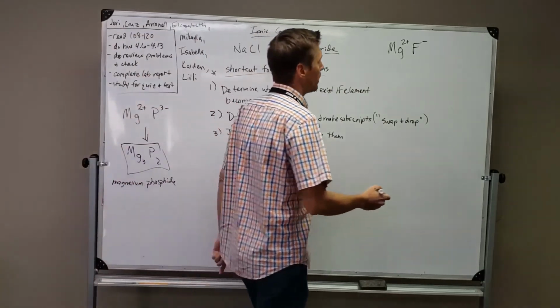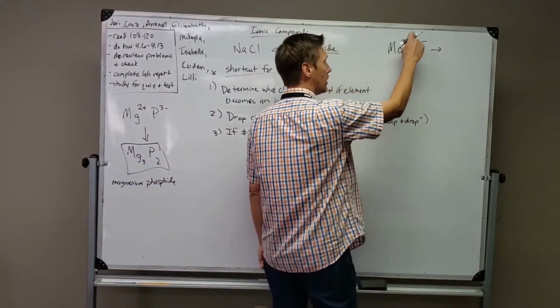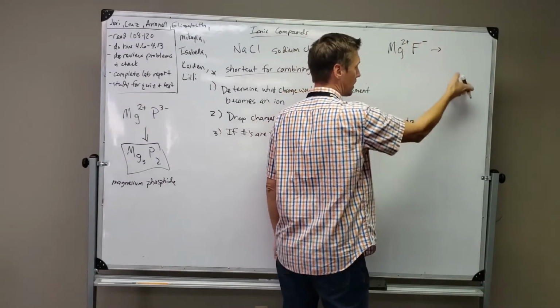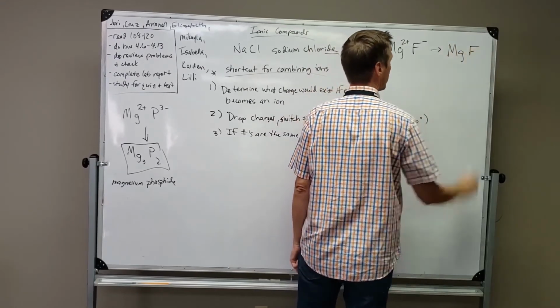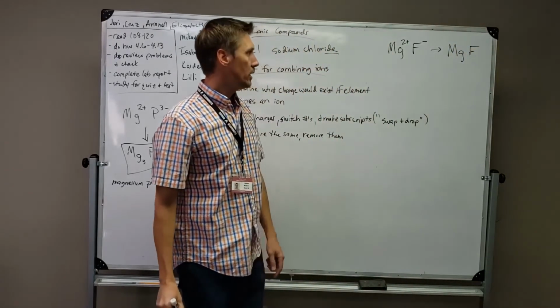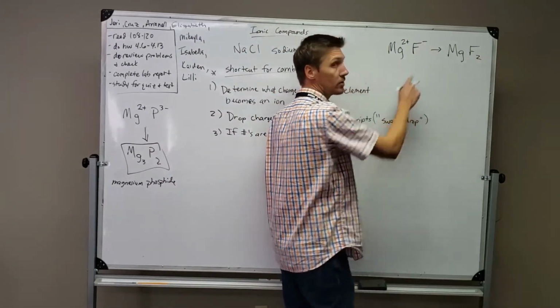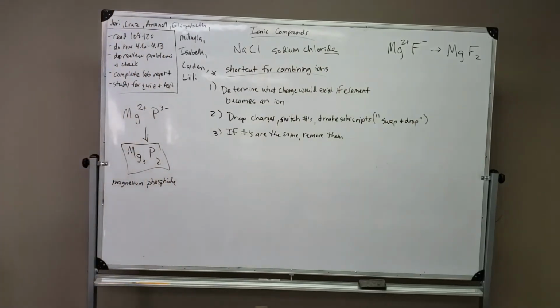And so our rule to figure out the chemical formula for this is to swap our numbers, drop those charge signs, swap the numbers, and then drop the numbers down to make them subscripts. So if we do that, if we swap and drop, we got MgF2, right? 2 comes over here to the F and drops down. 1s are always understood. We don't write those down. Is that clear to everybody? How we did that?